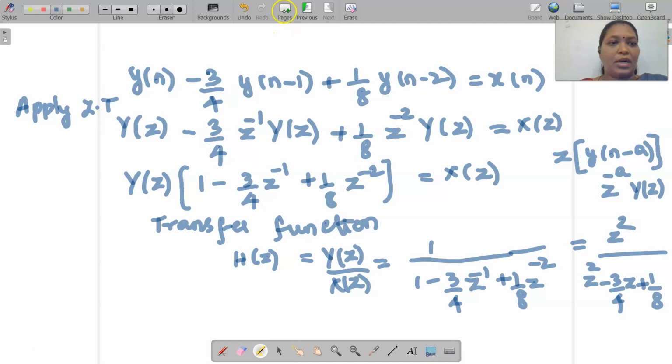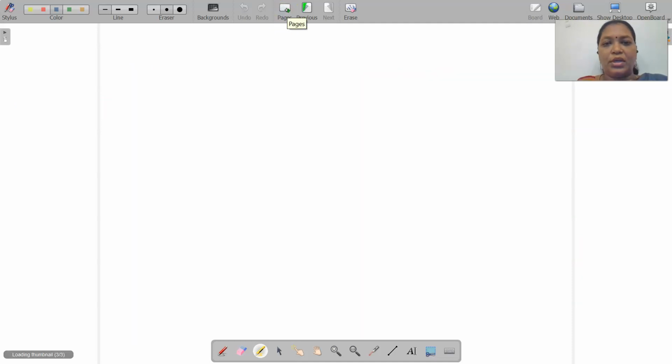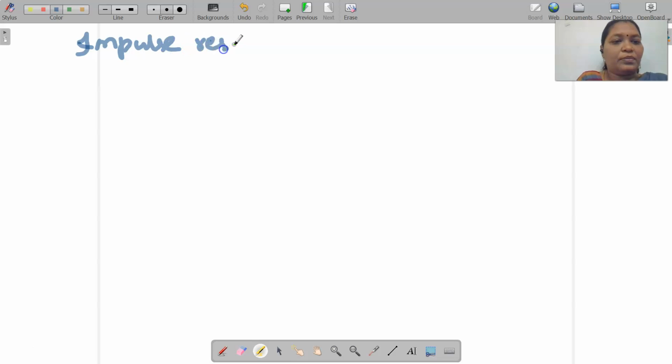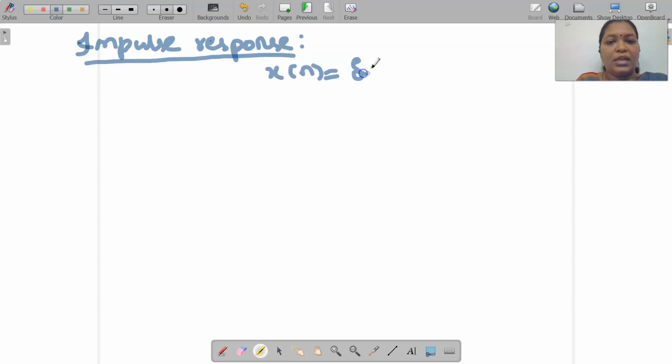So let us find out your impulse response. For your impulse response, meaning that we are going to use the impulse signal as input. So x of n is del of n. The Z transform of x of n, that is given by X of z, is nothing but 1. So Z transform of del of n is 1.